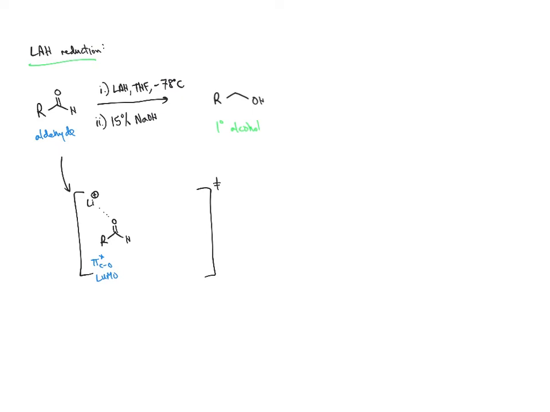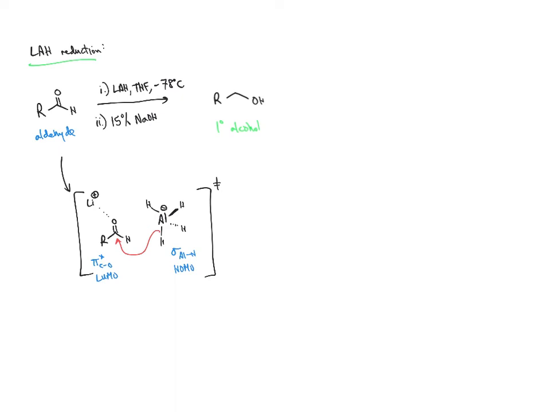And our aluminum hydride here is going to deliver a hydride equivalent to the pi star CO. So there's our HOMO. The sigma aluminum hydride bond is the HOMO.